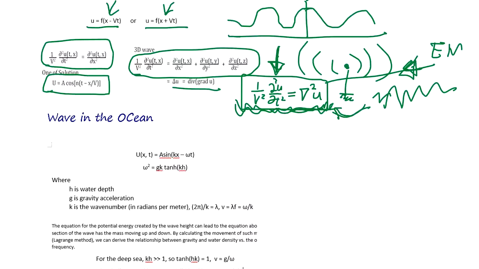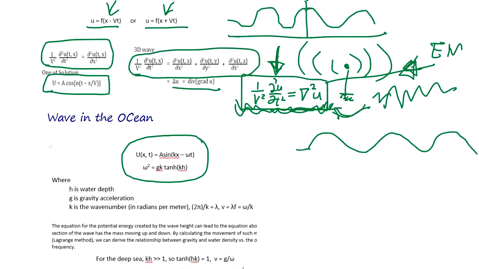Now, with some careful analysis of the wave in the ocean, the scientists created this equation. Basically, it's a sine wave, conveniently very close to a sine wave when the water moves up and down below, right?